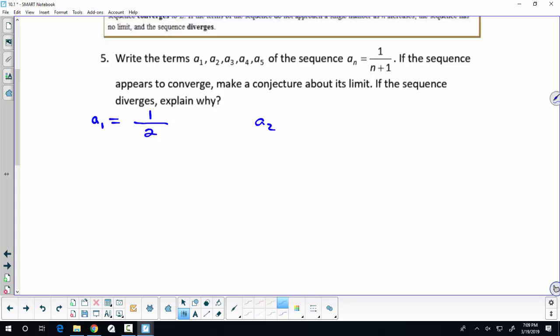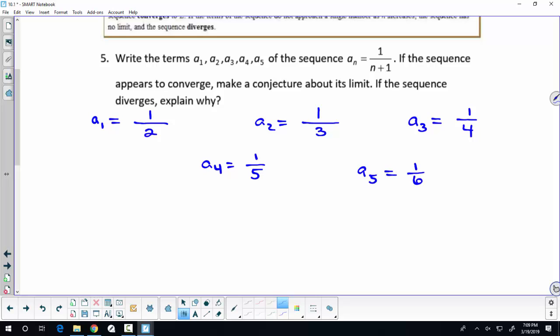The second term is 1 over 2 plus 1. Third term, 1/4. Fourth term, and fifth term.